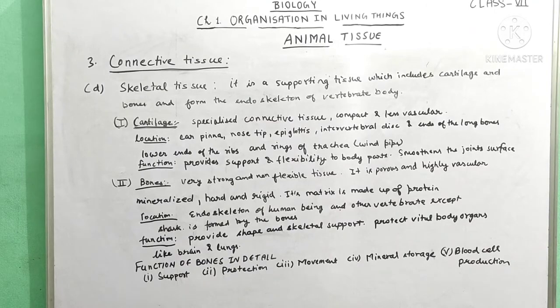Okay. Fifth function is blood cell production. The production of red blood cells happens in the red bone marrow of the long bones. Okay, these are the 5 major functions of the bones.